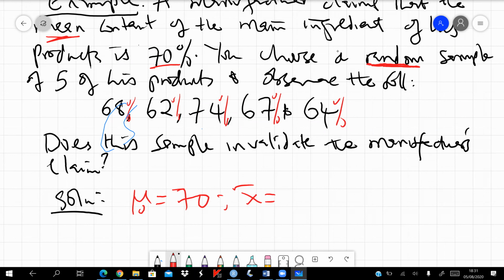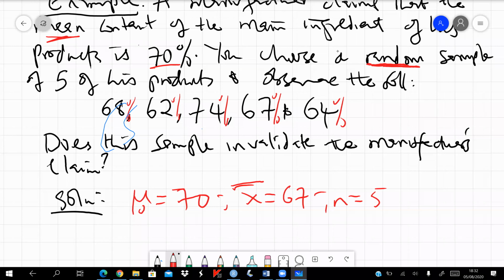And X bar for this data will be how much? 67. Thank you. So we know that the number of observations is 5.